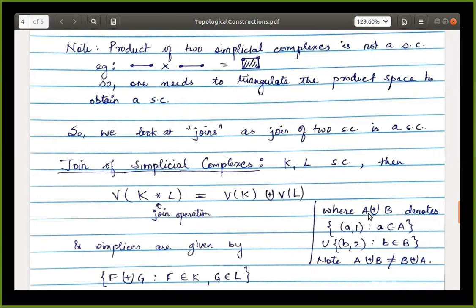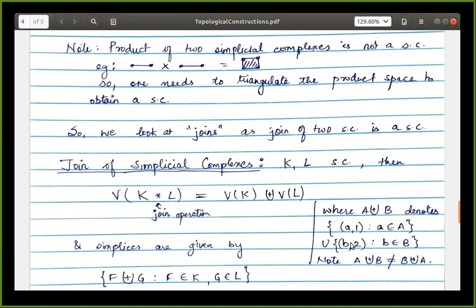This precisely means that if you have taken two sets A and B, then their ordered disjoint union is defined as follows. All the elements of A are written as (a, 1), and all the elements of B are written as (b, 2). Since A was the first set in this disjoint union, that's why (a, 1); B was the second, therefore (b, 2). If there was another set C, it would have been (c, 3).